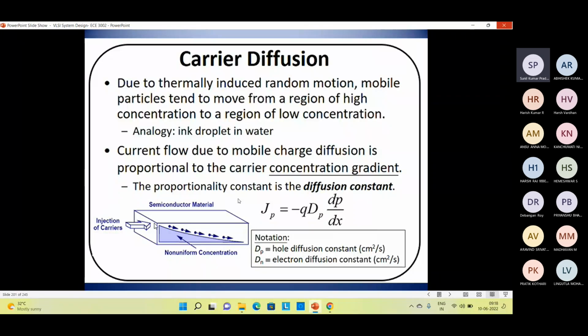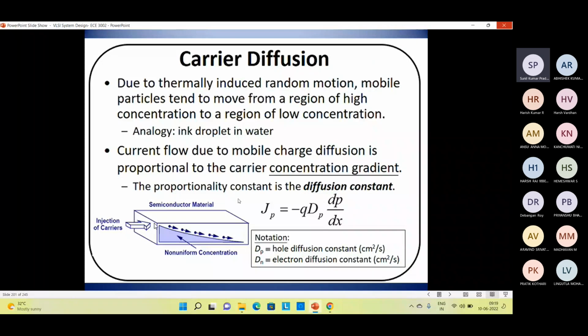The diffusion current concept is found only in a semiconductor, not in a metal. In a metal, whatever current you find is the drift current, whereas in a semiconductor we have two currents: drift current and diffusion current.